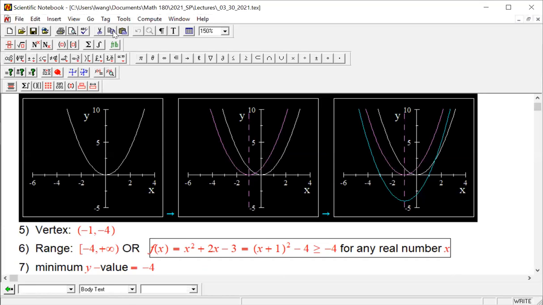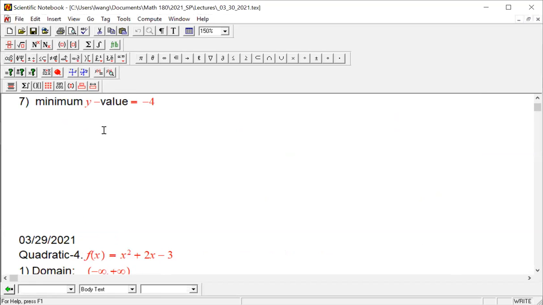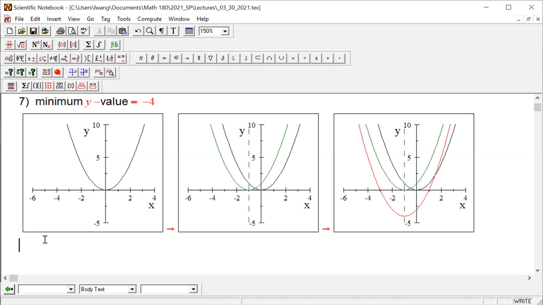One is draw the line of symmetry, the next one is give the equation of the line of symmetry.